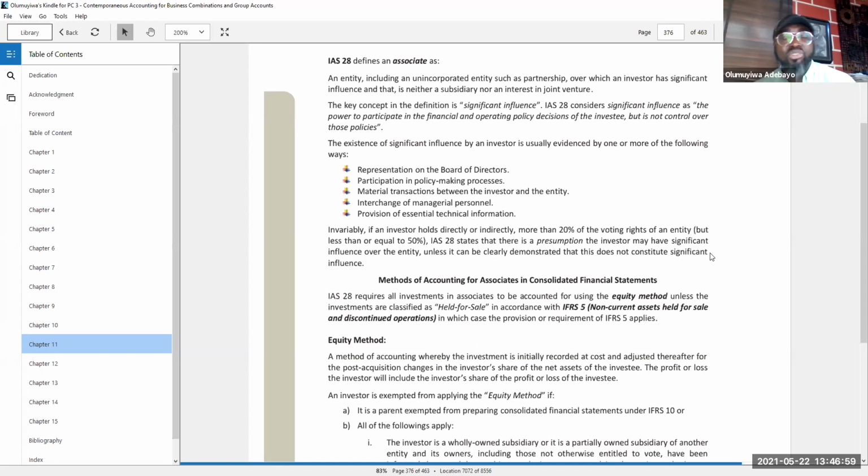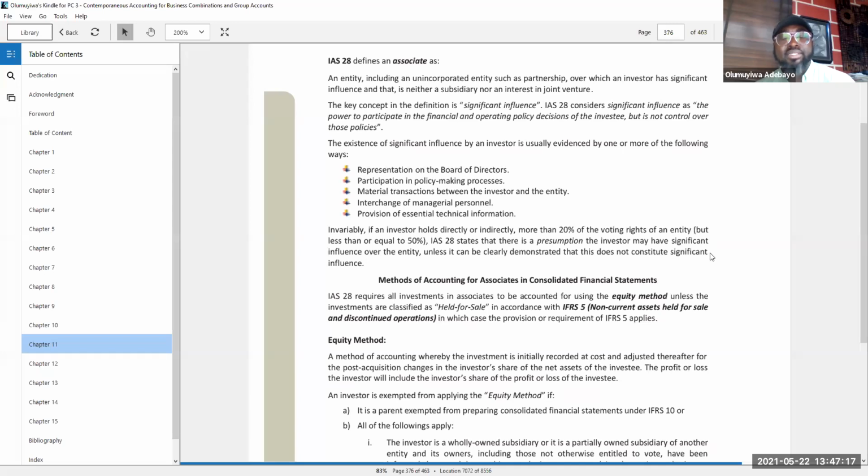The second perspective to it is that even with less than 20% stake in an investee entity, an investor may still hold significant influence. What does that signify?